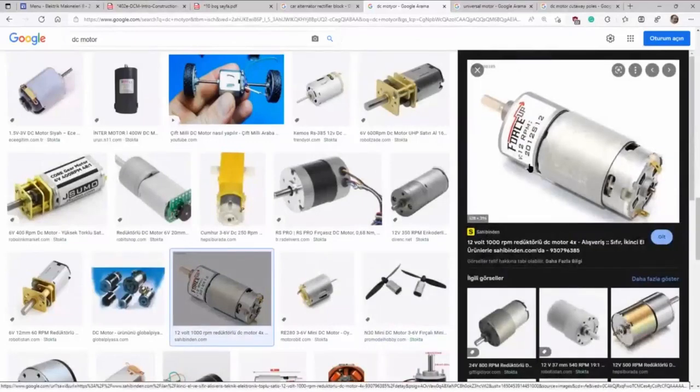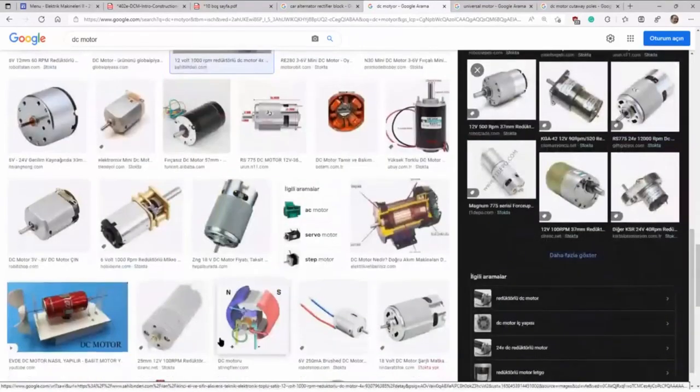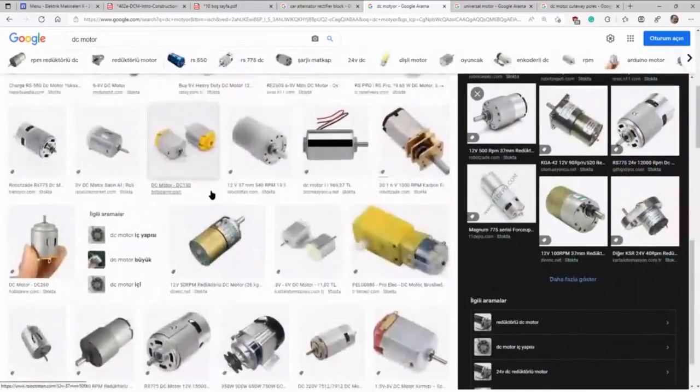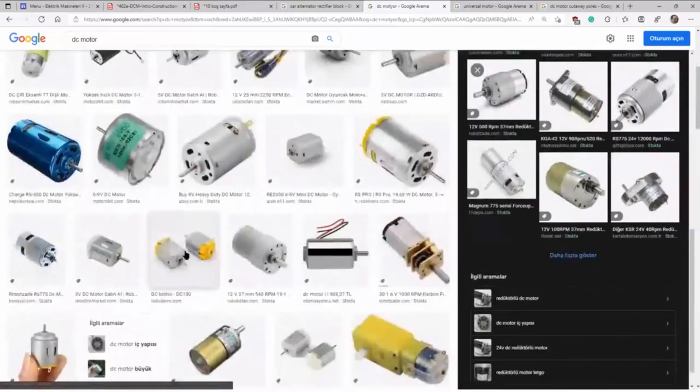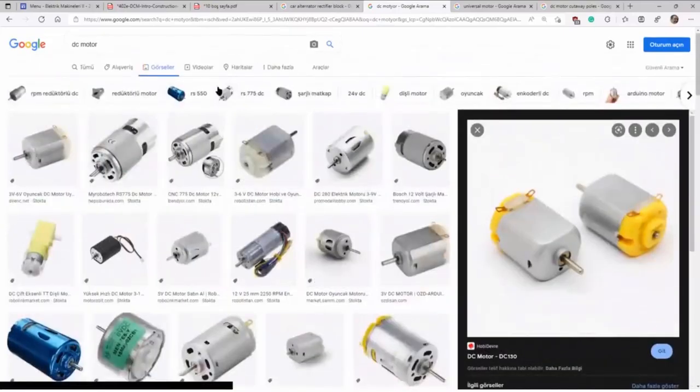This part belongs to a gearbox. That is a motor for an electric screwdriver. Those types of small power motors are generally made of permanent magnets. Magnetic field is generated by a permanent magnet.